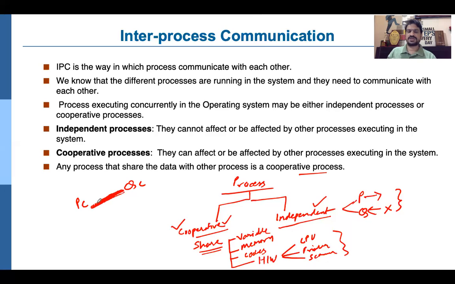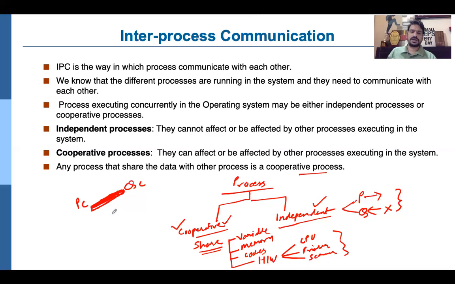Definitely they need to do some sort of communication. If they do not communicate with each other, it is very difficult to share the resources with each other. That is not at all possible. If they are not cooperating, how can they share the resource?